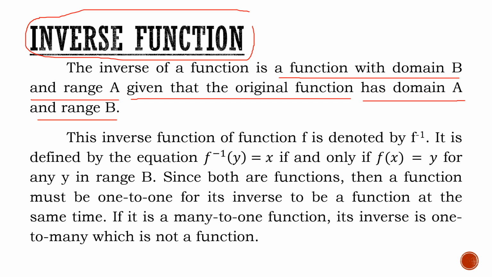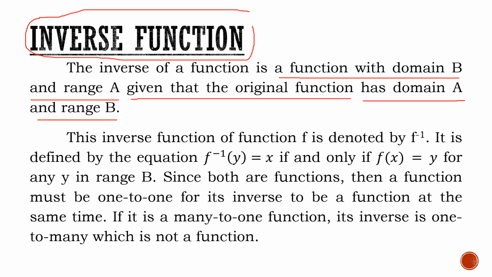That's why it says here that the inverse of a function is a function with domain B and range A, given that the original function has domain A and range B. So you're just simply taking the interchange between your x and y values or your domain and range.